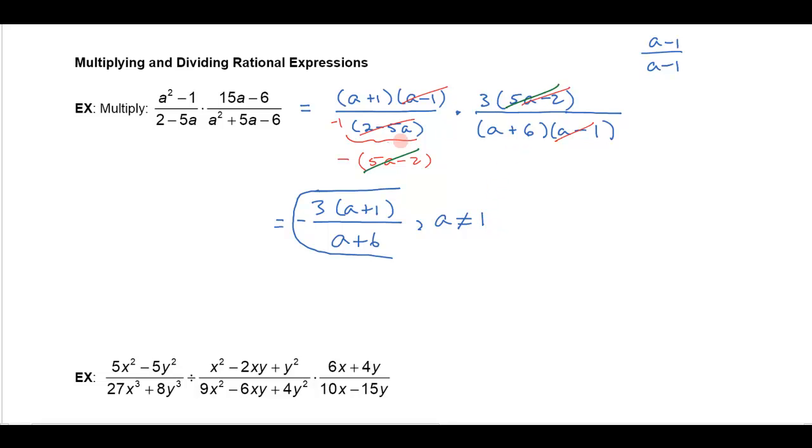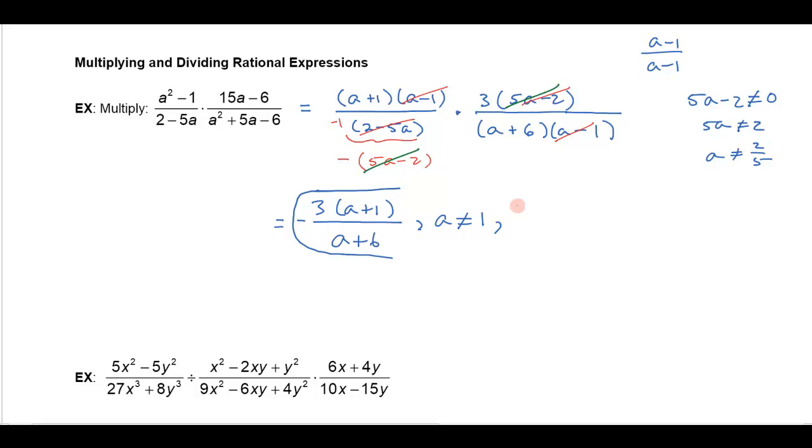And in the same way, when I cancel the 5a minus 2, for example right here, I'm making the assumption that 5a minus 2 does not equal 0, the whole quantity, right? Which would mean 5a can't equal 2, and a cannot equal 2/5.